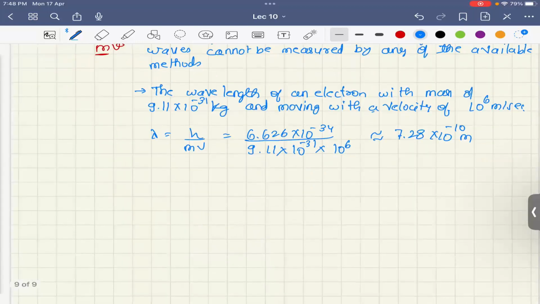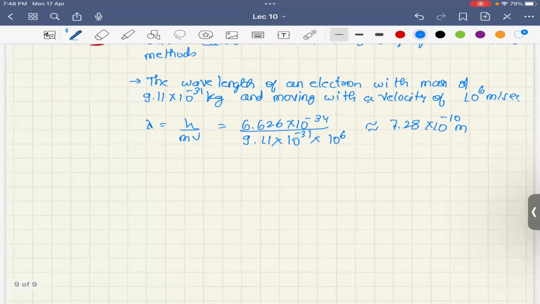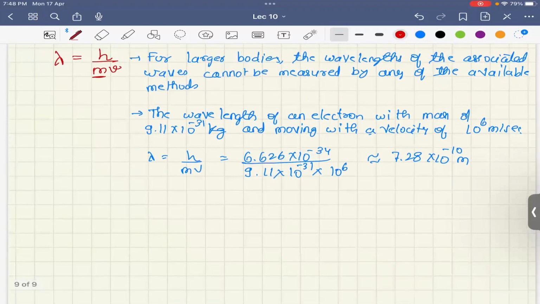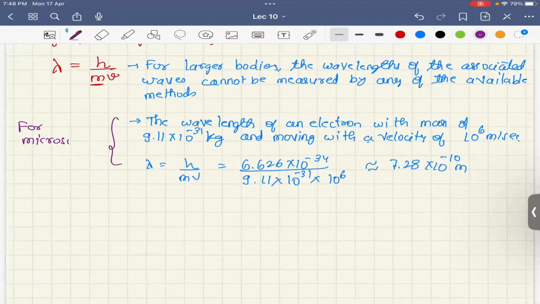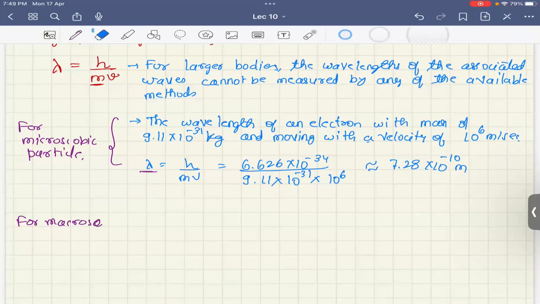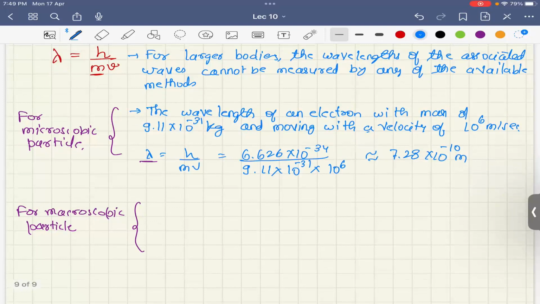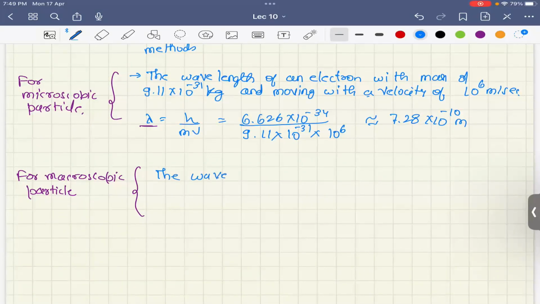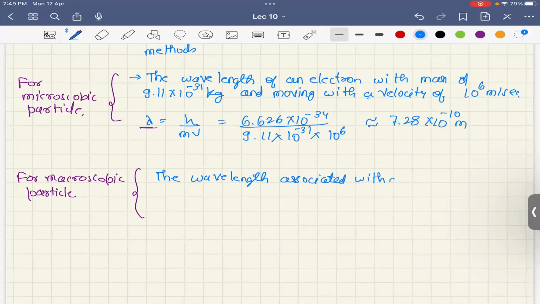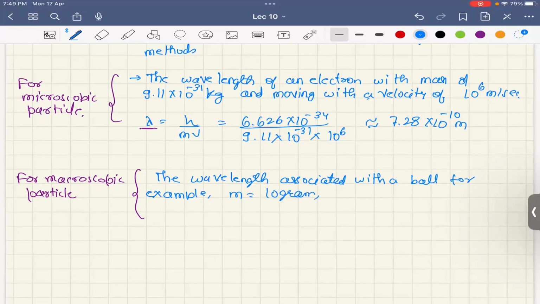That is the de Broglie wavelength for a microscopic particle, and for a macroscopic particle we are going to calculate the wavelength associated with a ball, for example, with a mass of 10 gram and the same velocity.